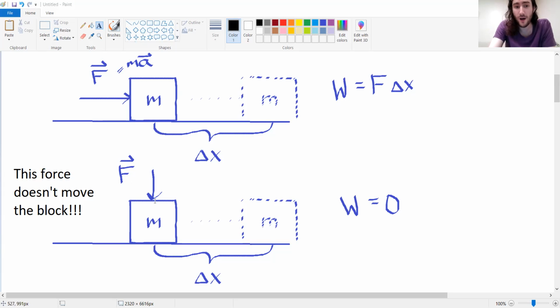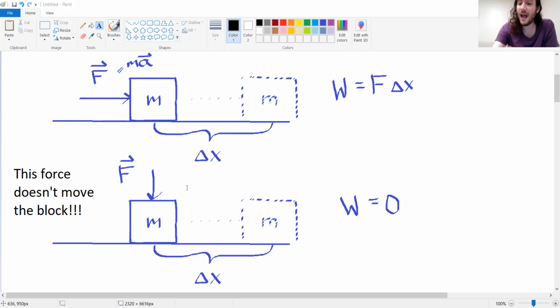So the force from above would have no effect on the block's velocity in the x direction. So it would still be displaced by an amount delta x after some time. And so in that situation, this force doesn't do any work to move the block, but the block could still be displaced by an amount delta x.